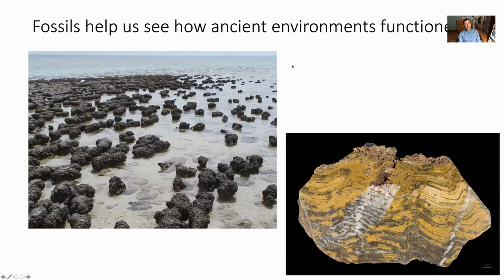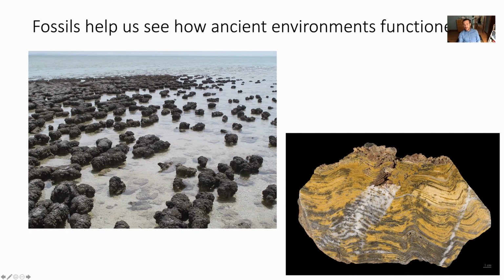Now, these fossils actually help us see how ancient environments functioned. Now you're looking at the most ancient fossils on the planet. These are known as stromatolites. This is a cross section of a stromatolite here in the bottom right. You can see these subsequent layers.